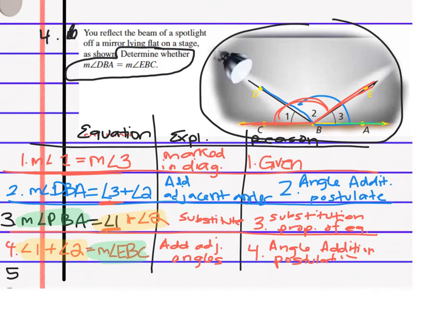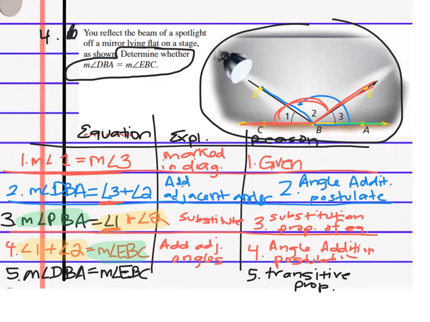We can conclude that the measure of angle DBA is equal to the measure of angle EBC. And what property? Go back and look at your geometric ones if you need to. Okay, that's your transitive property. I'm going to skip the explanation.